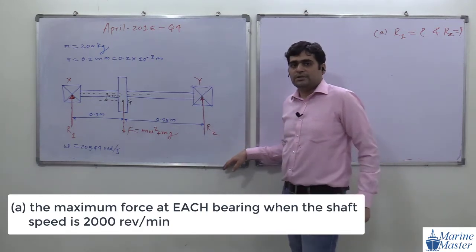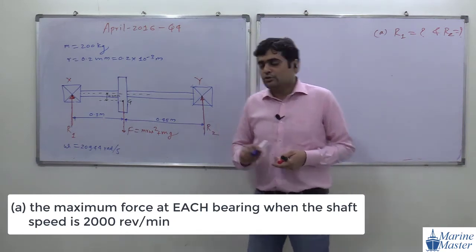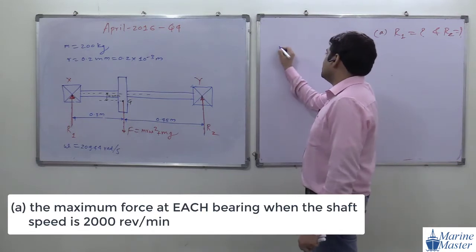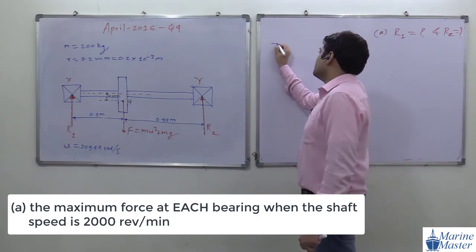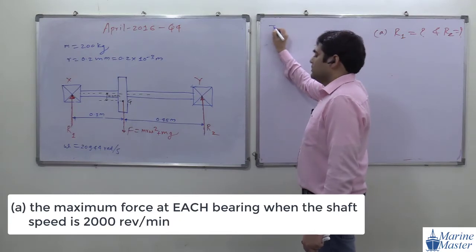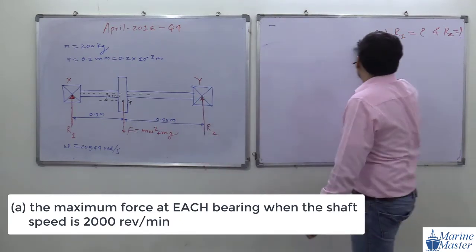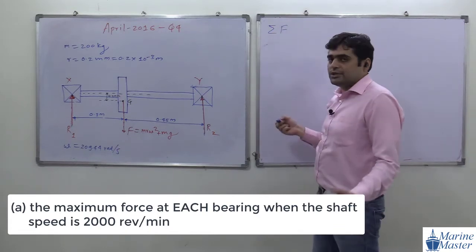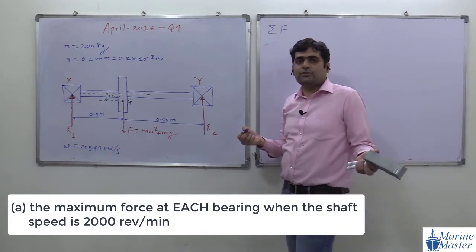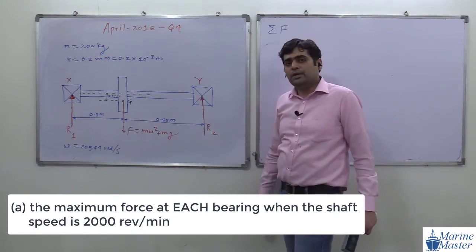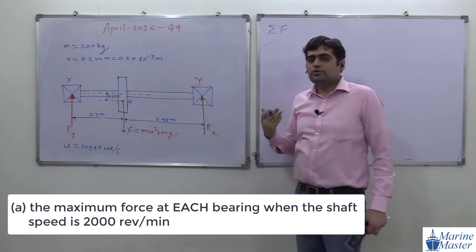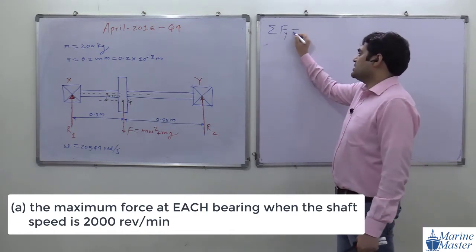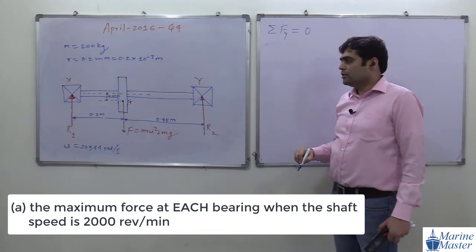As this system is in equilibrium, summation of forces in x direction will be equal to 0, and summation of forces in y direction is also 0. But there is no force in x direction, so no need to take it. Now summation of forces in y direction equals 0.